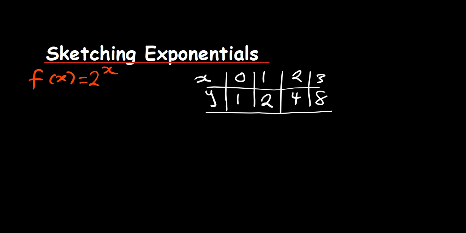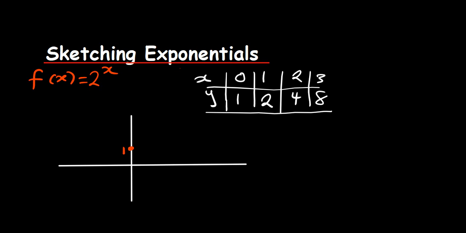So let's say this is our graph. How are we going to sketch this one? If we are to put points, let's start from 0, 1. Let's say our 1 is here for y, so 0, 1 will be this point. Not really drawn to scale.